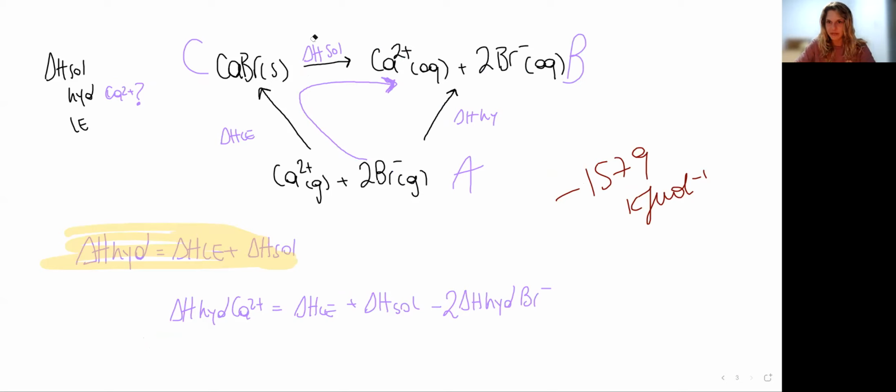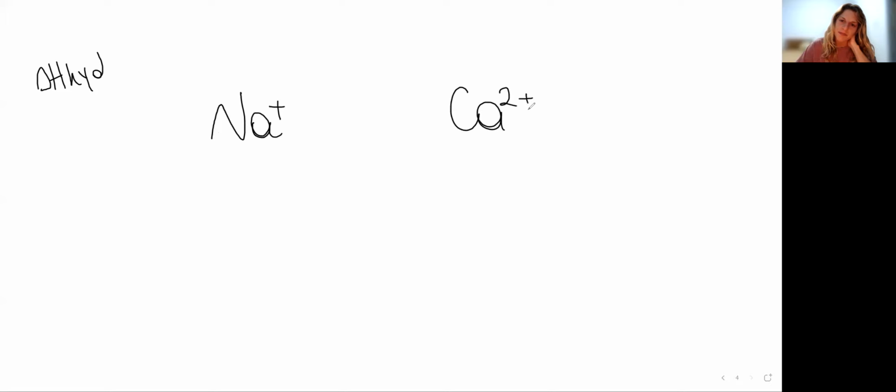One recurring topic here is understanding the value and the sign of the enthalpies in general. And specifically for this one, we can think about the enthalpy of hydration. Say we have two ions, sodium and calcium, okay? Let me give you the values.